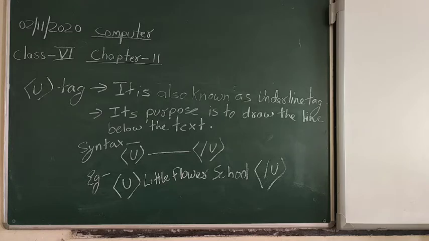The U tag is a container tag. So we start with the U, then mention the text which you want to underline, and then close the U tag. Clear?